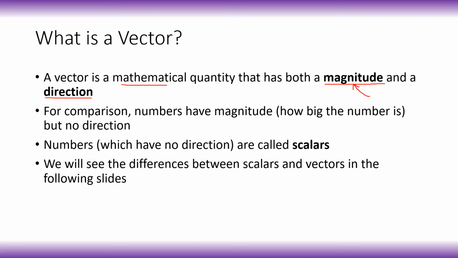If we don't go into the complete detail, if you just look at regular numbers, they don't have any direction attached to them. Those are called scalars. A regular number like 3 is an example of a scalar.